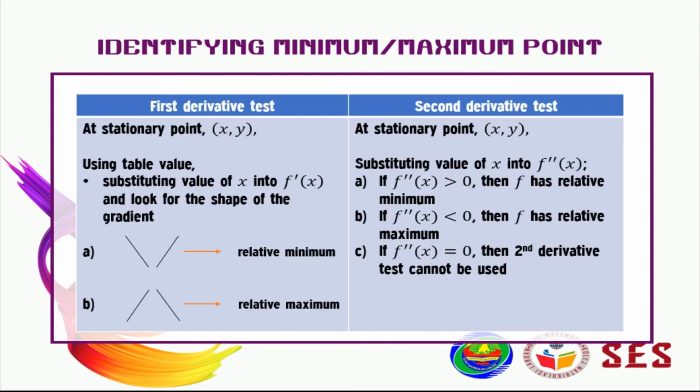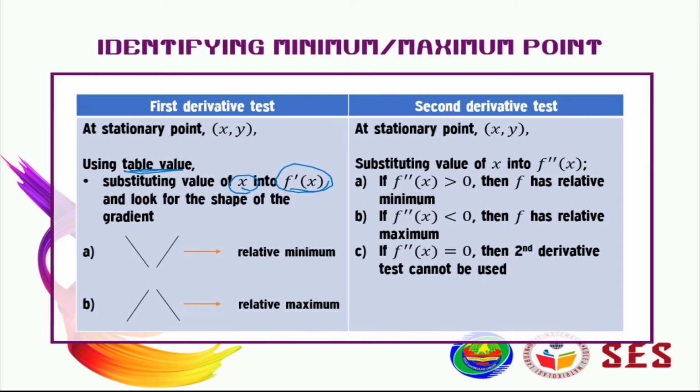Okay, everyone, so you have basically two tests which can be used to determine the types of stationary points for your function. For the first test, you substitute the value of x into your first derivative and look for the shape of the gradient.